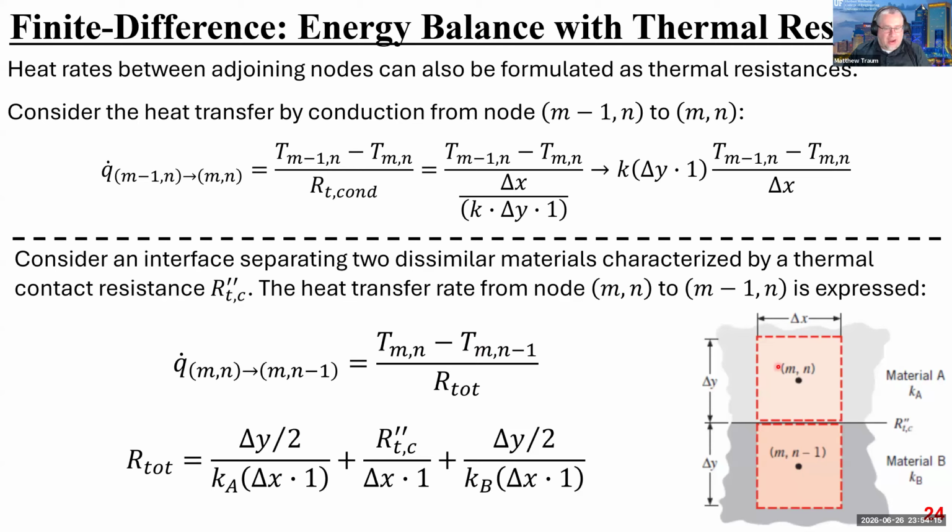We can write an equivalent thermal circuit for two nodes made of dissimilar materials that have a contact resistance that's known, that's tabulated, by using this resistance representation that I showed up here at the top of the slide to write the appropriate heat transfer equation with a total resistance that includes both a contact resistance and a resistance for heat transfer between the material where the node is sitting, right?